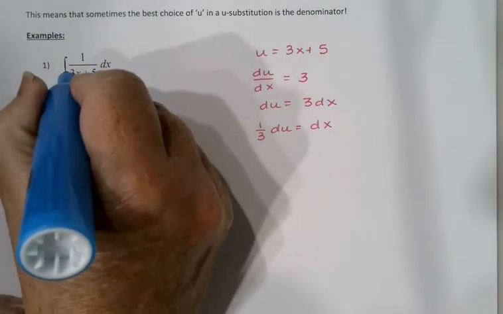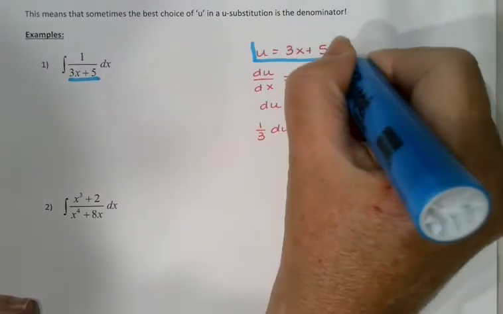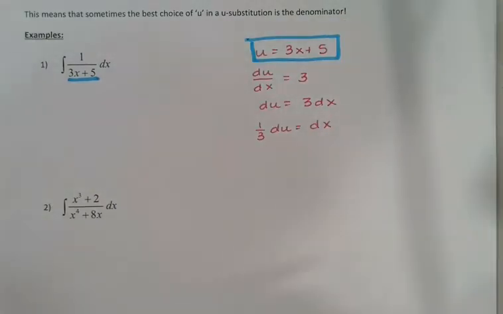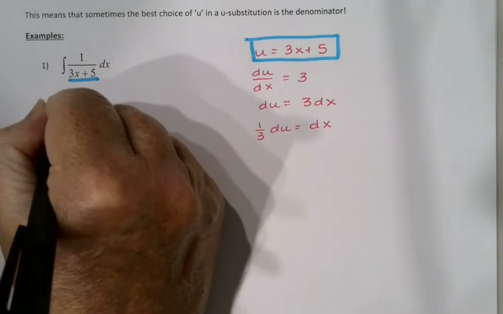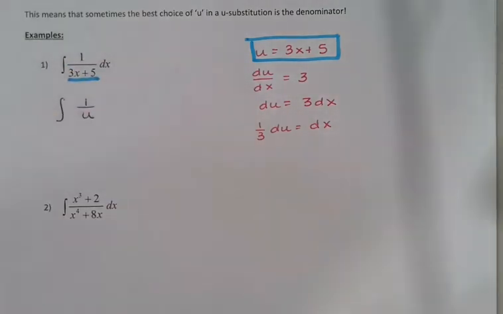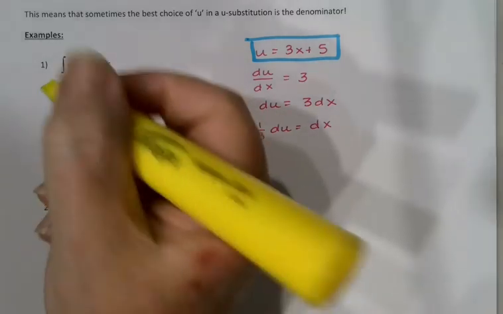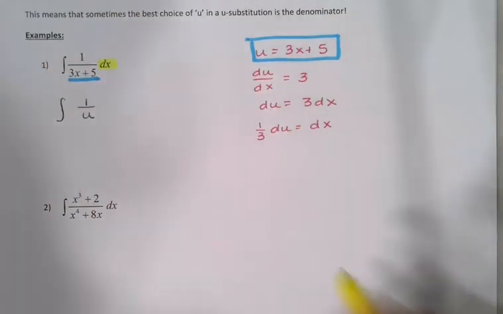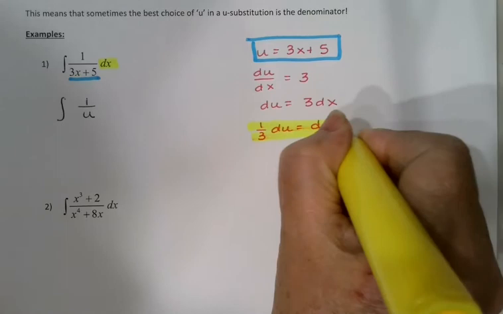This entire denominator becomes my u, so I have the integral of 1 over u, and then the dx gets replaced with a 1/3 du.